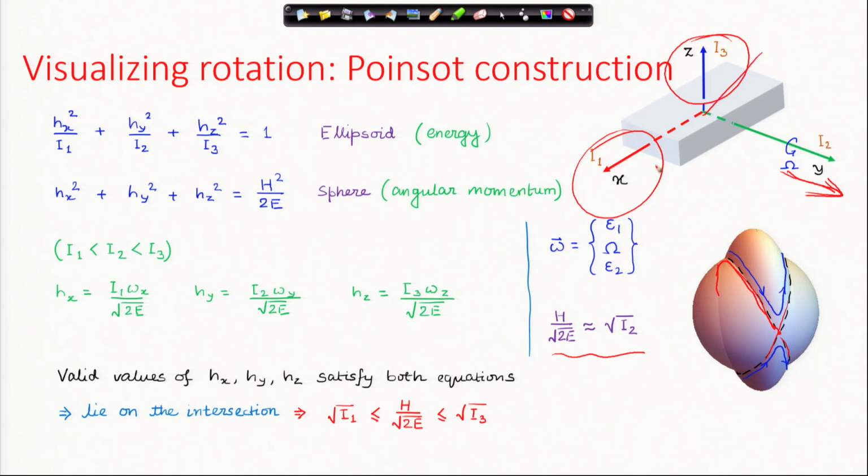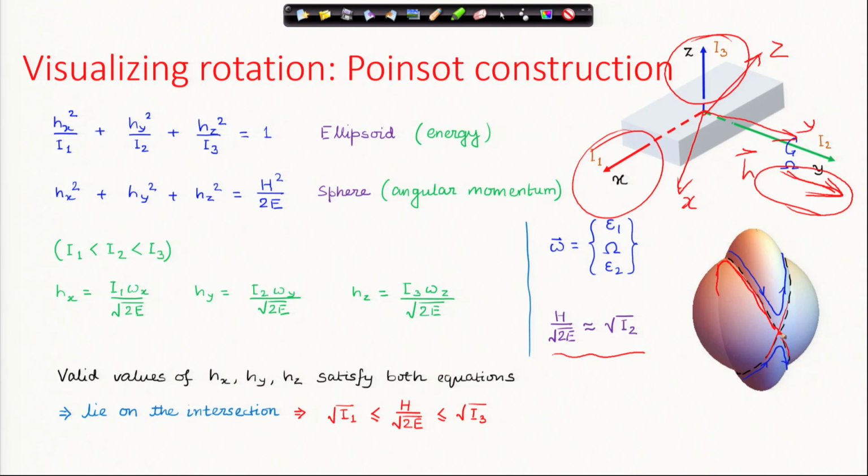The frame may look like this, for example. In that case, h vector will have projections in x and z directions. And since the frame has to reorient, it means the body also will reorient.